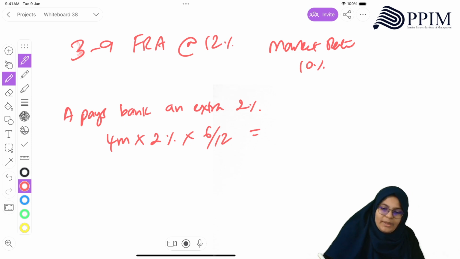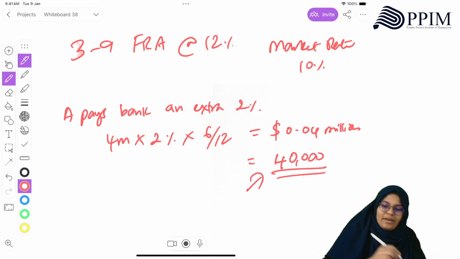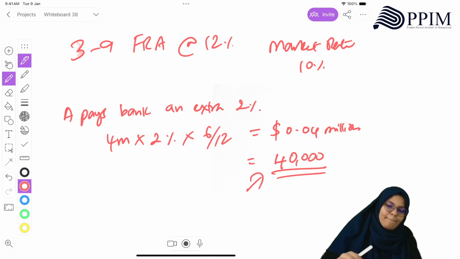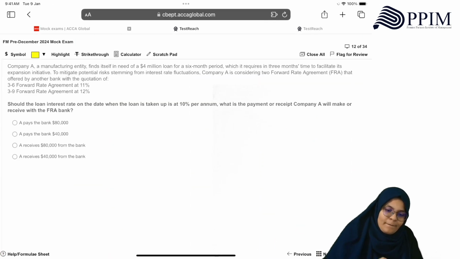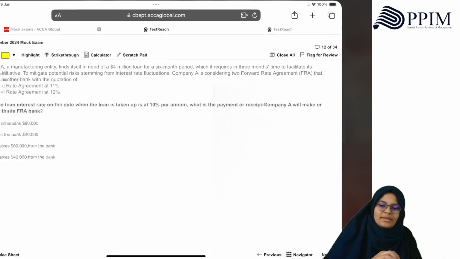So that will be 0.04 million. So we can put it as 40,000. So A pays the bank 40,000. This is B. It's simple, that is.